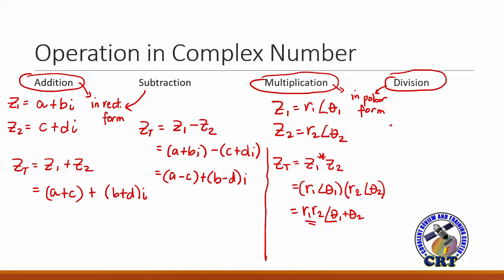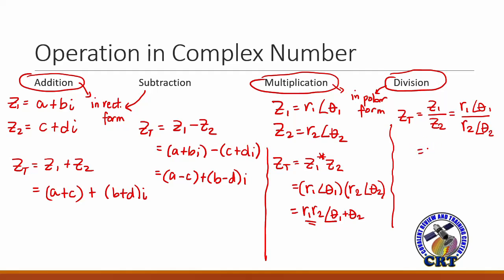Next, in division, this is how you are going to do the division. Let's say Z total is Z1 divided by Z2. So this is equivalent to R1 angle of theta 1 over R2 angle of theta 2.